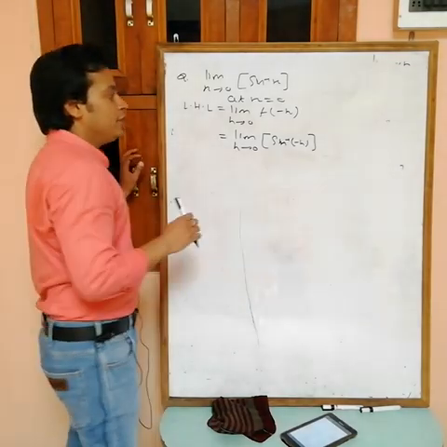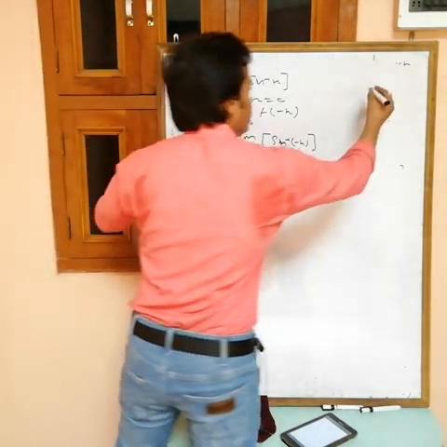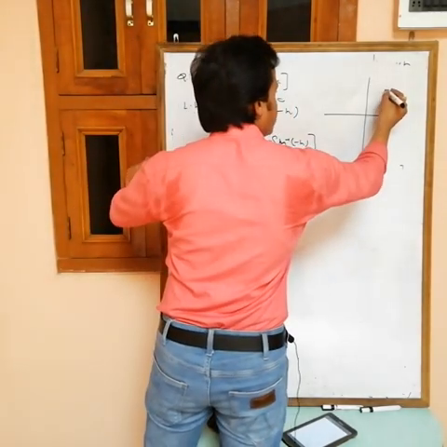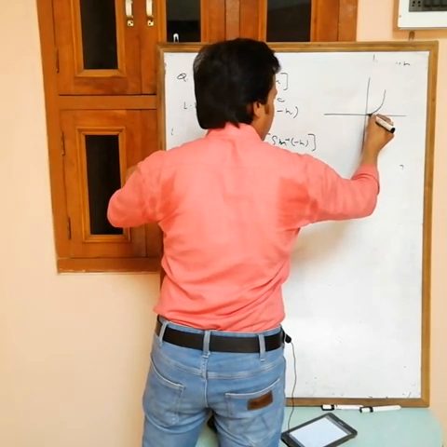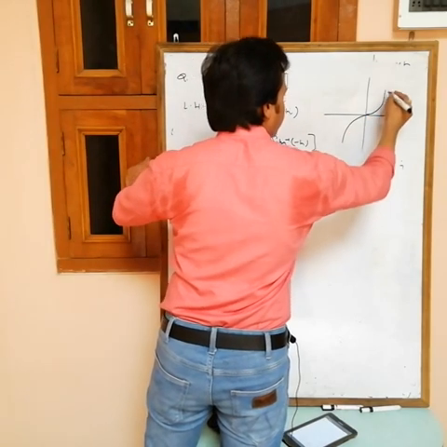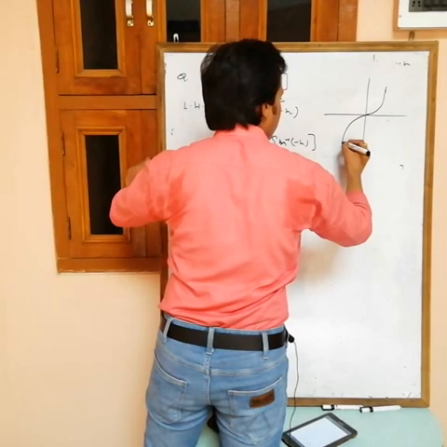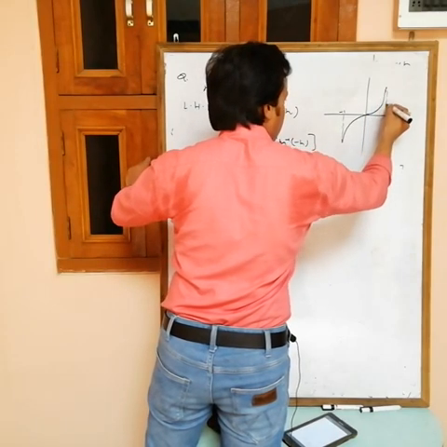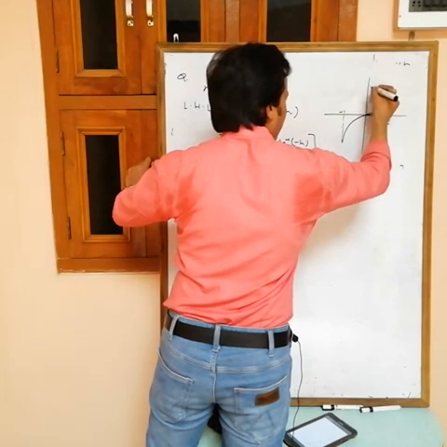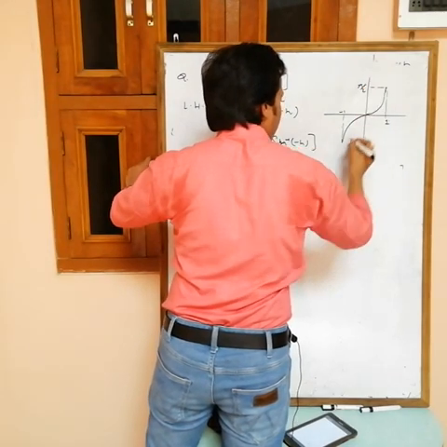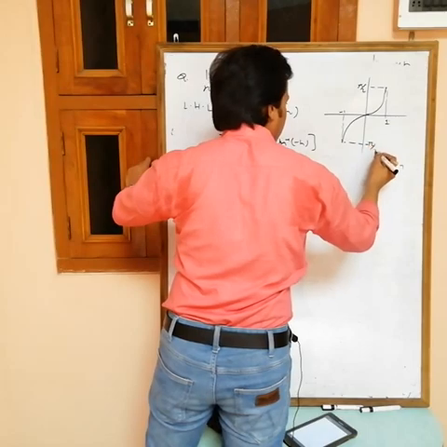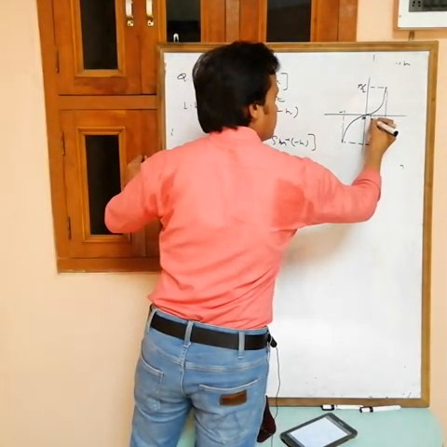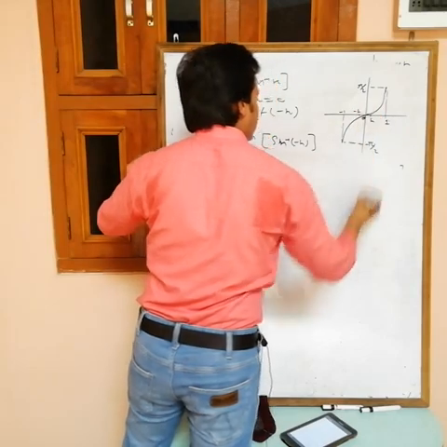So because of that, now you can draw the graph. If you draw the graph of sine inverse x, then this is the graph of sine inverse x, from minus 1 to plus 1. Here we have pi by 2 and this is minus pi by 2. So this is 0, this one is plus h and this one is minus h.